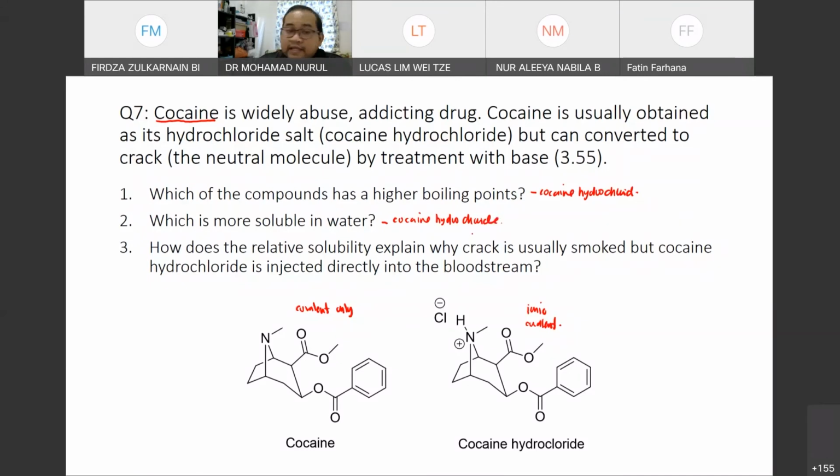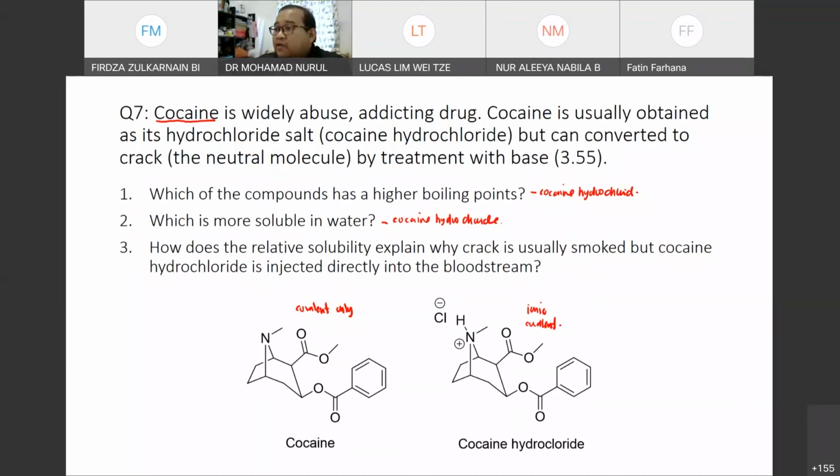The easiest example to determine the water solubility in this case is sodium chloride. When you try to dissolve sodium chloride, or table salt, into the water, it's easy to dissolve, and more water soluble actually.